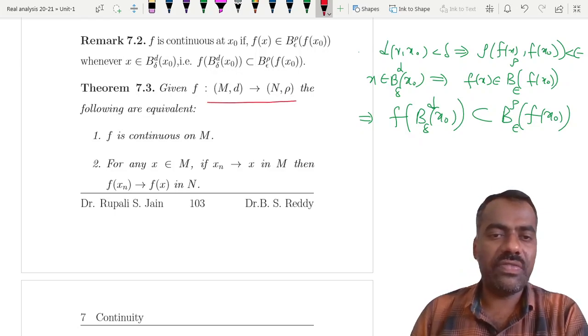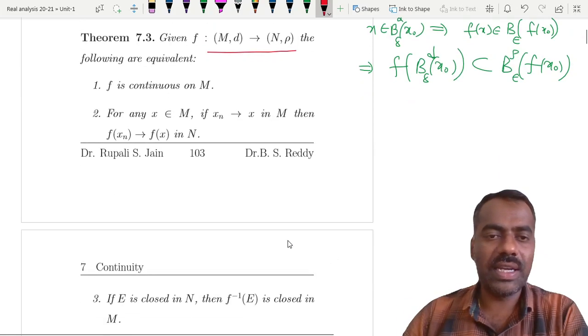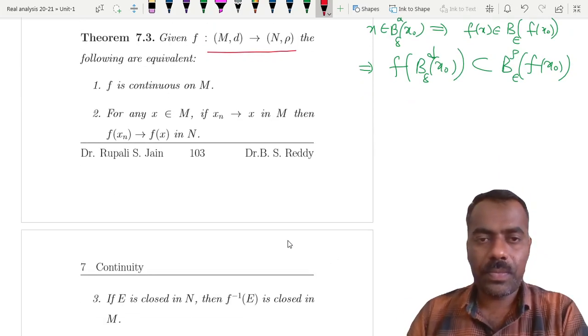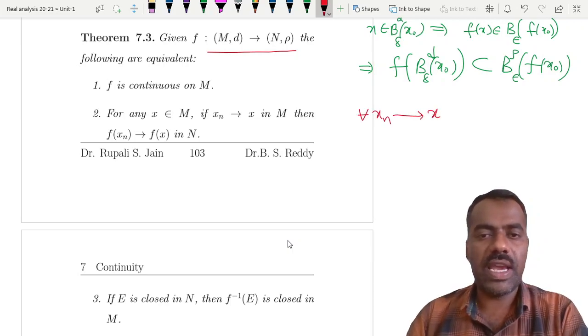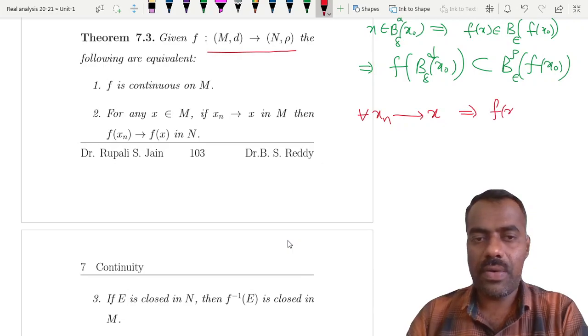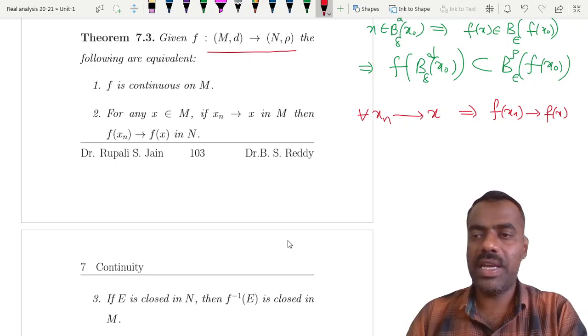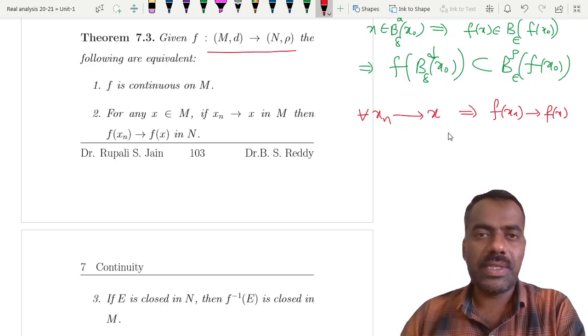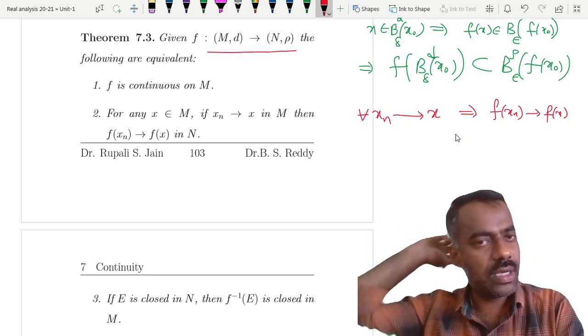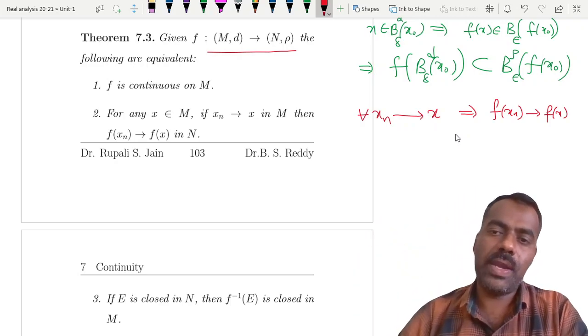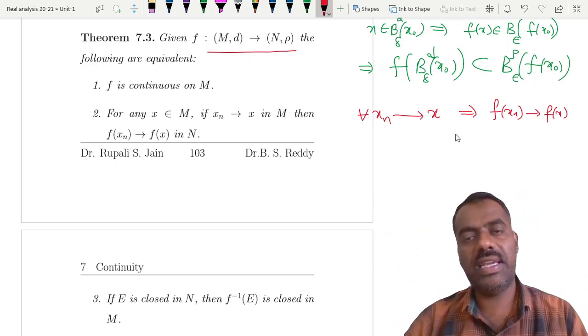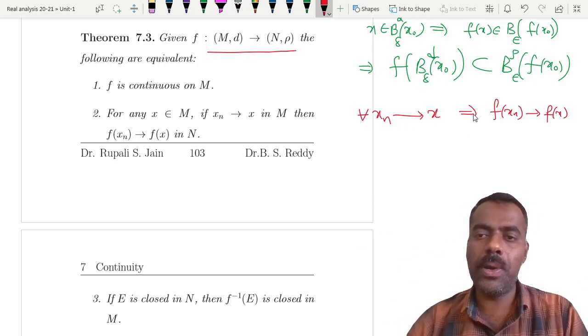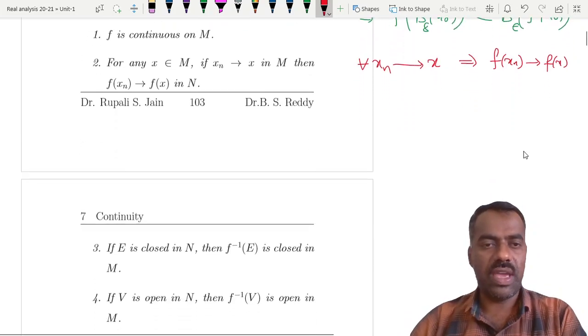Then we say that f is continuous on M is the same as saying that for any x in M, if at all there is a sequence xn converging to x, then we should have f of xn converging to f of x. Of course, xn and x are in M and f of xn and f of x are in N, right? So this is the characterization of a continuous function in terms of convergent sequences. So we say that f is continuous at a point if, whenever any sequence xn converges to that point, then f of xn converges to f of x.